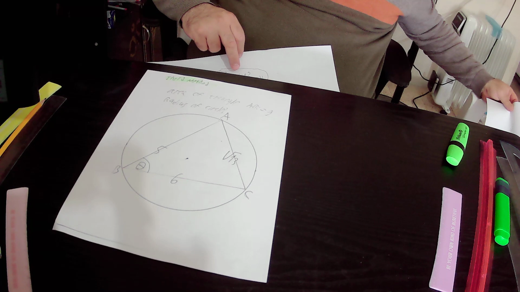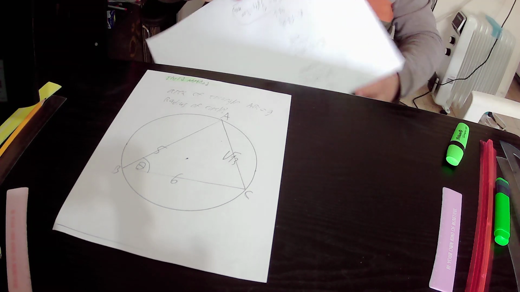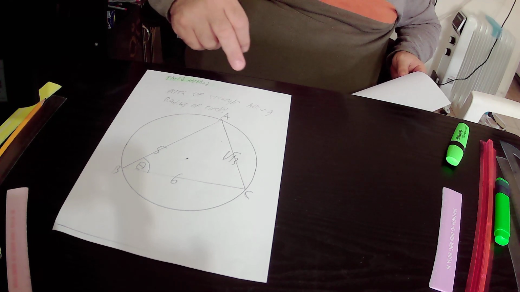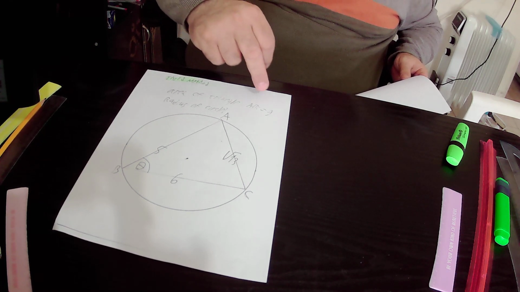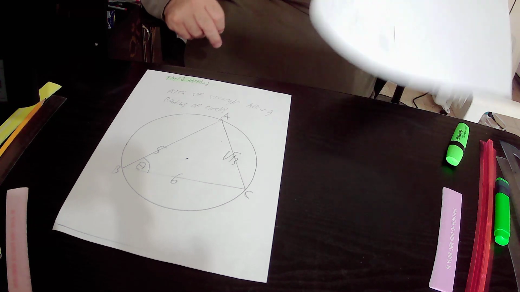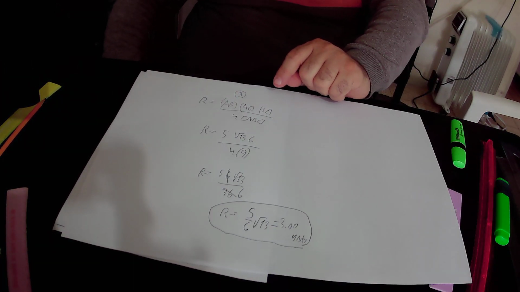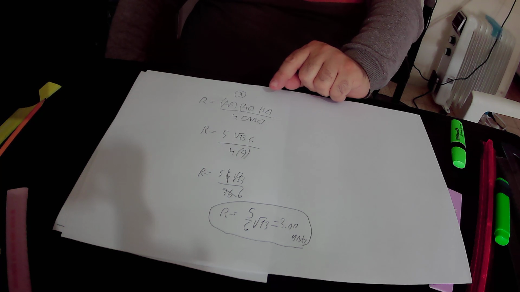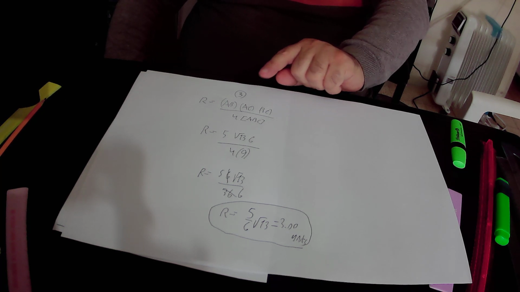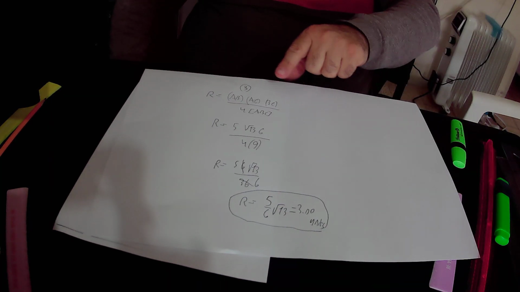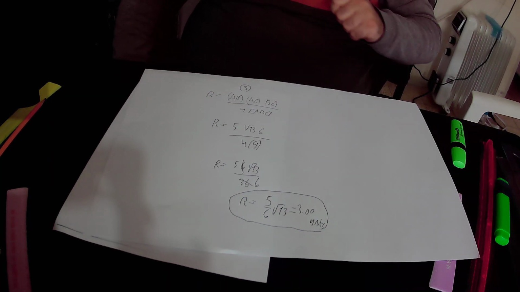And we have a special formula to find the radius of a circle that circumscribes a triangle. According to this formula, the radius equals the multiplication of the three sides of the triangle over 4 times the area of triangle ABC.